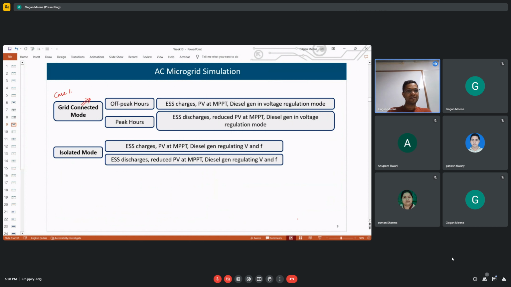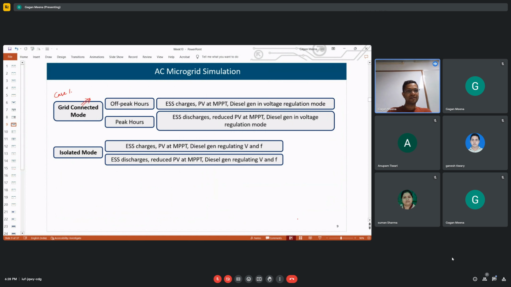From the dynamic state to the transient state, if the voltage becomes less than 0.9, then it will directly go to the transient state. Once it enters the transient state, full Q requirement is there, 100% Q is required.